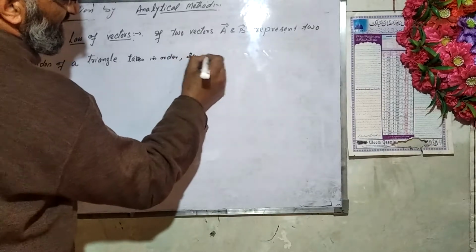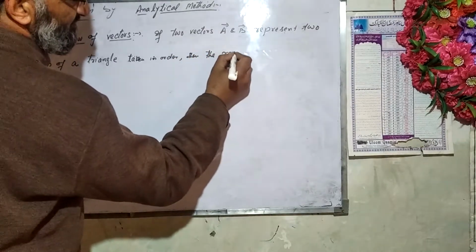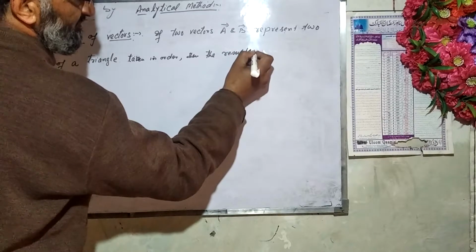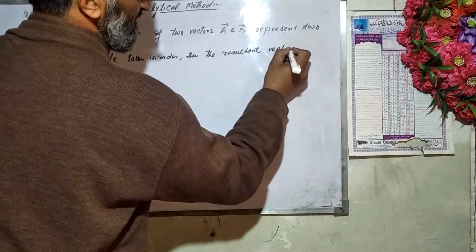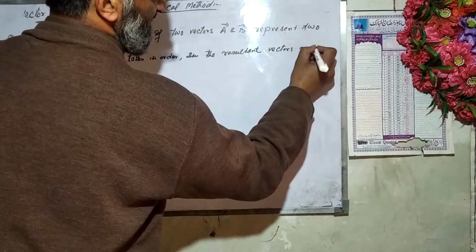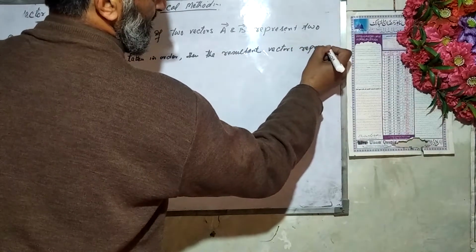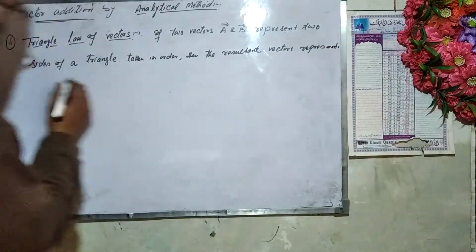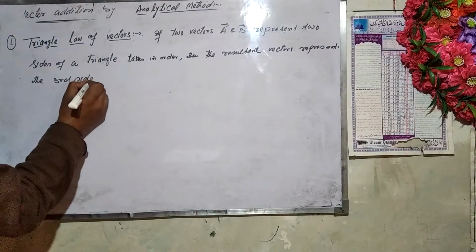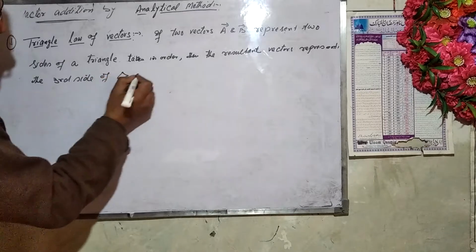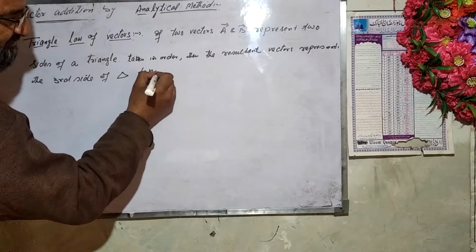then the resultant vector represents the third side of triangle taken in opposite order.